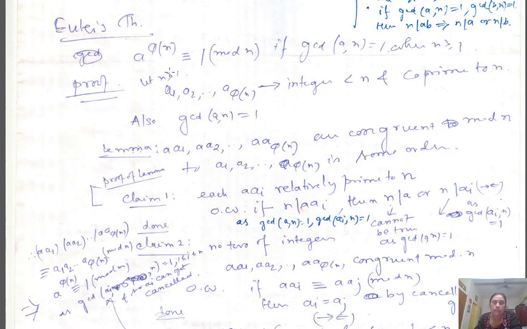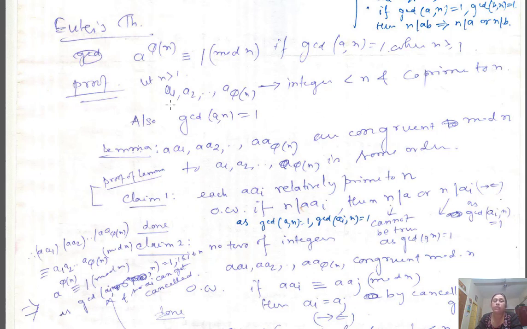There are phi n many such integers; that is the definition of phi n. Those integers I list and denote by a1, a2, up to a phi n. So those integers are all less than n and co-prime to n. You start with that.